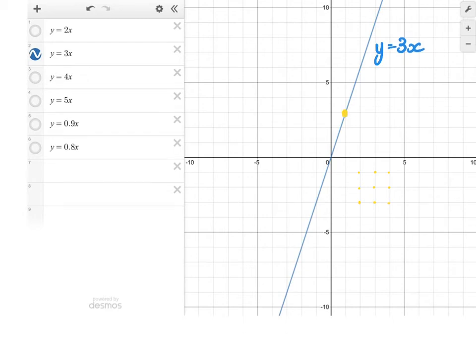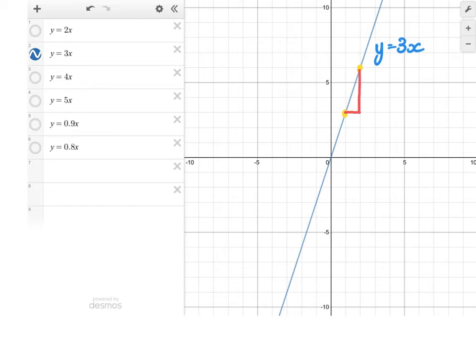There's one there that's on my line. If I keep going up, there's another one there. There's many points on the line that we could pick. So, if I want to find my gradient, I'm going to draw a triangle in like that. That's the easiest way to do it.